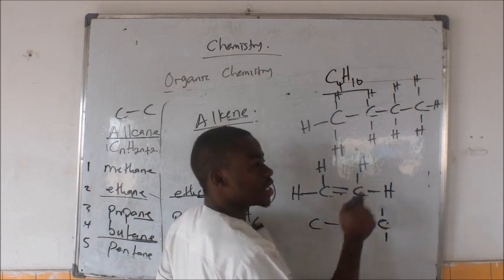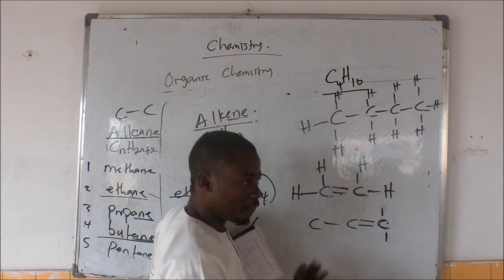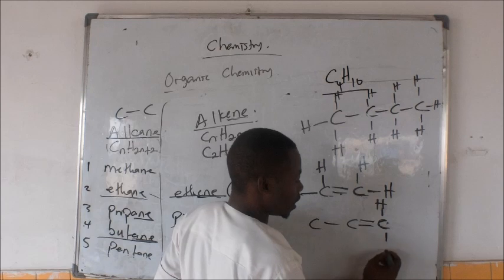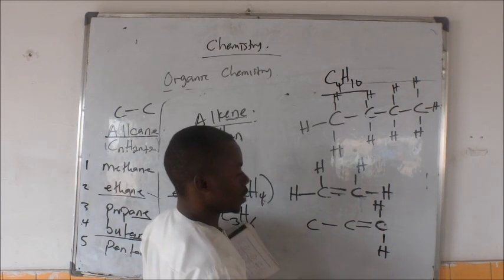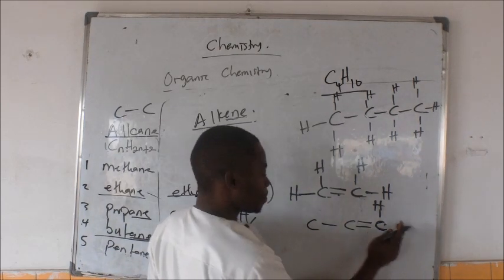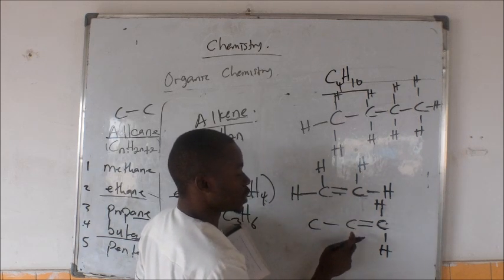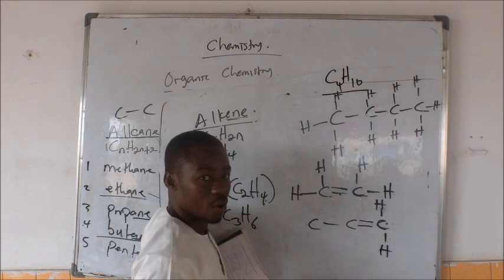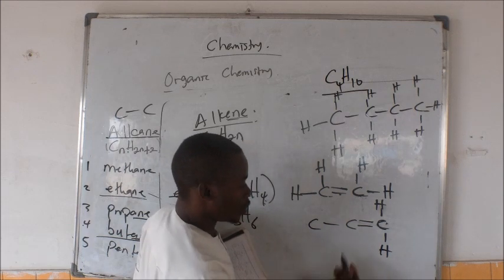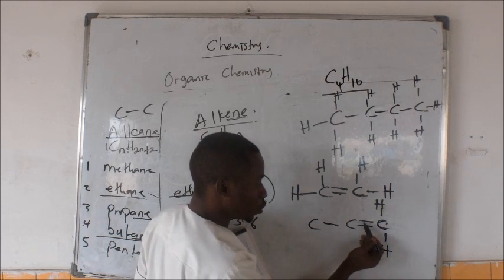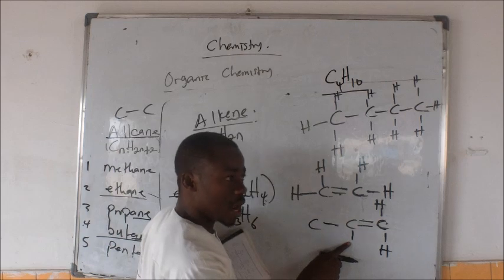At least it must not be more than 4. Then you have hydrogen here. Okay, you don't have to put anything here again. This one, how many bonds does it need for it to be 4? 1. You have 3 already: 1, 2, 3. Then this one will complete to be 4.